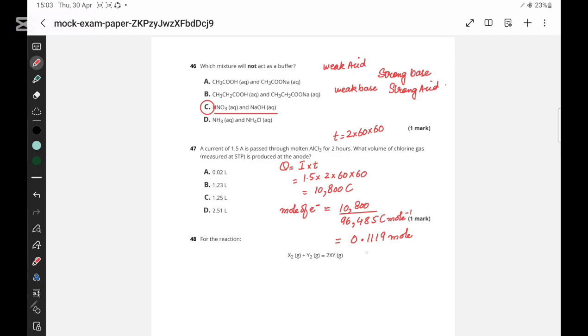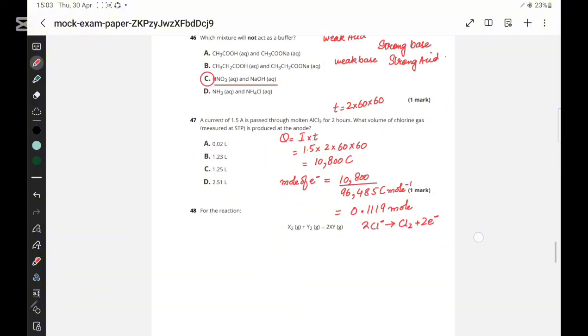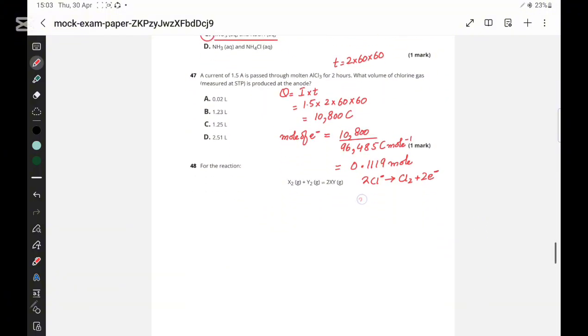We know 2Cl minus forms Cl2 plus 2 electrons at the anode, and to find the moles of chlorine we divide 0.1119 by 2, because 2 moles of electrons are released.